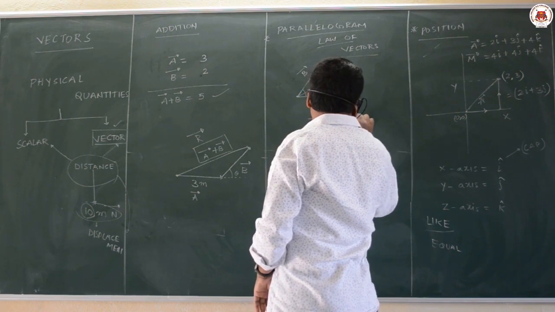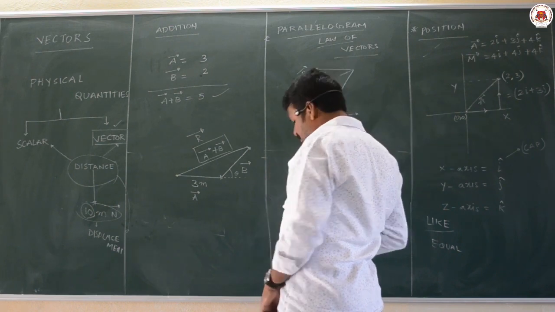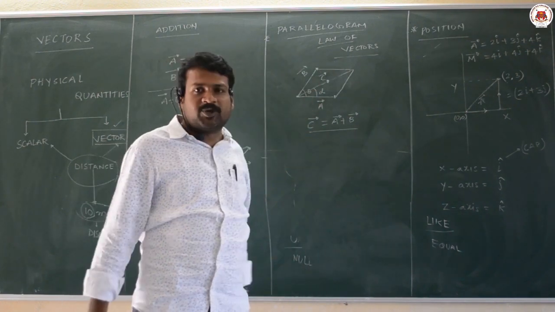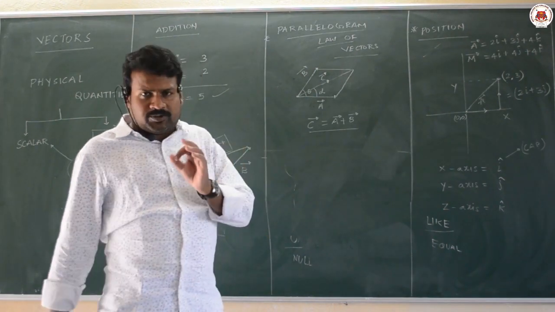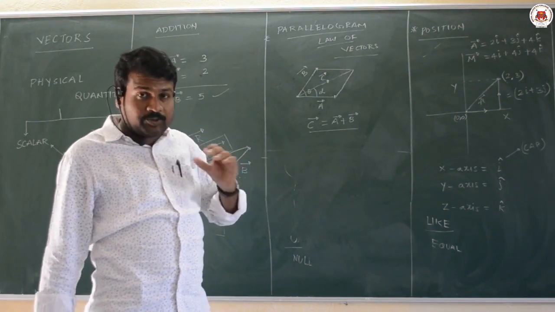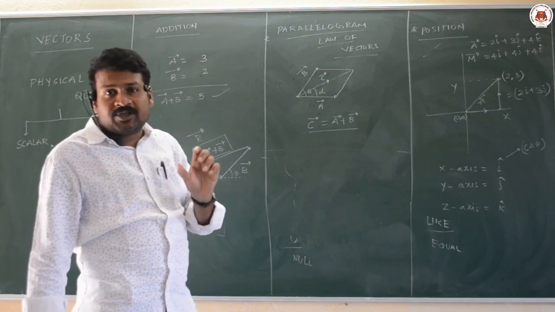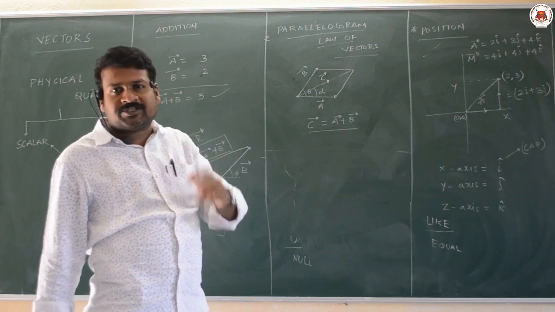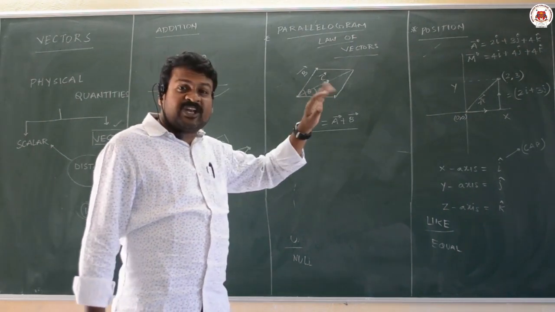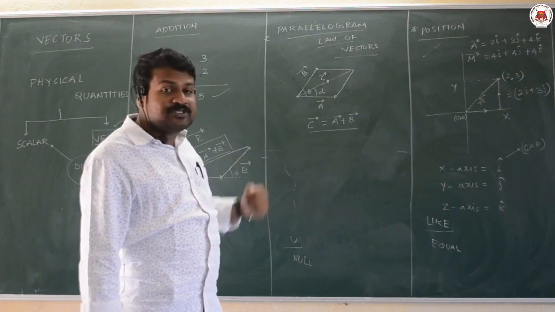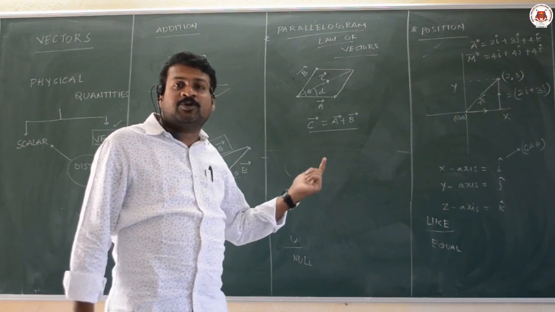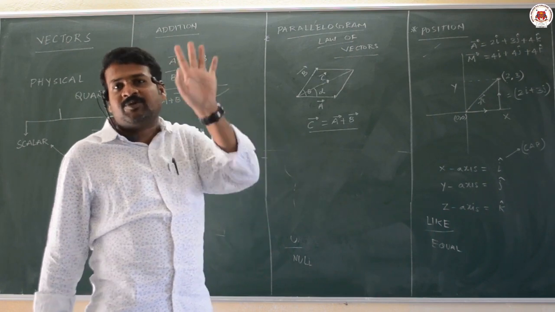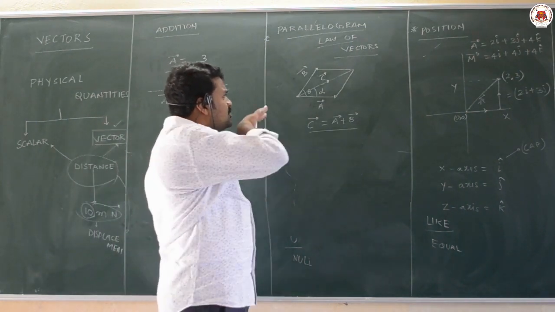This is the definition of the parallelogram law. If you understand the definition carefully, then only you can derive the equation very easily. There is a derivation, we will get one formula. You can write down the definition also: if two co-initial vectors represent two sides of a parallelogram, both in magnitude and direction, then their resultant, that means their addition, is represented by the other co-initial vector which is the diagonal of the parallelogram, otherwise the diagonal passing through the same point.